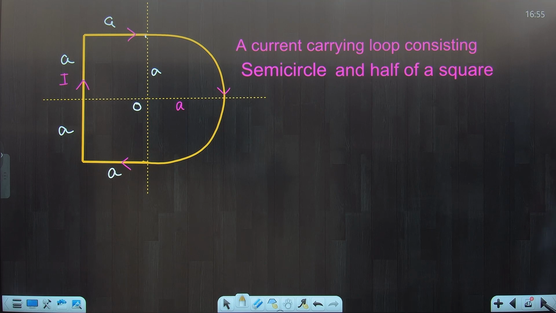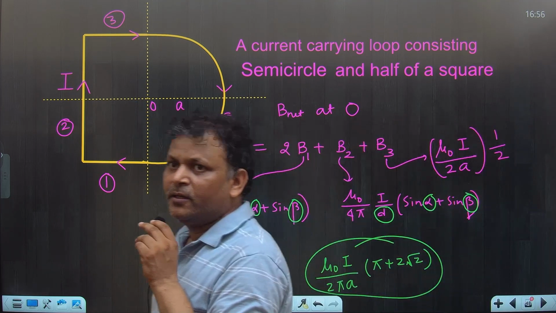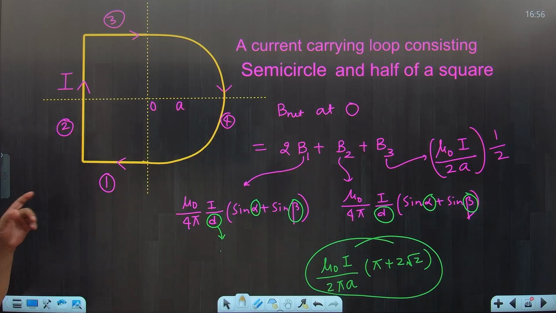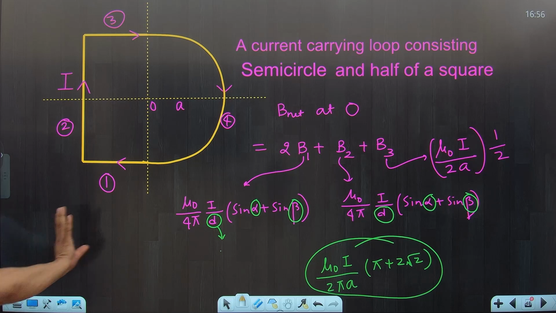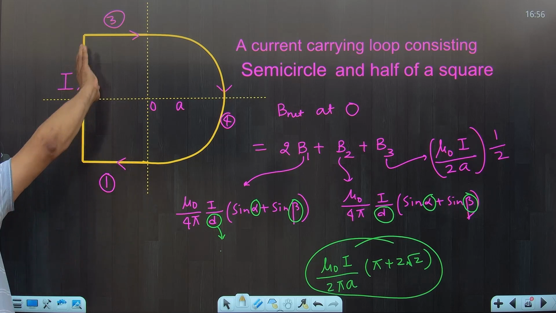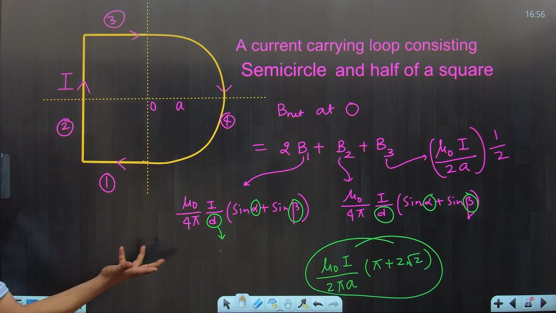So what will we do? See, now here are four parts of the conductor. You can see the first part, second part, third part, and fourth part. Now B net at O is obviously all will be added up. You curl your fingers along the sense of current and your thumb goes inside. So B net is into the paper and it will be added up.